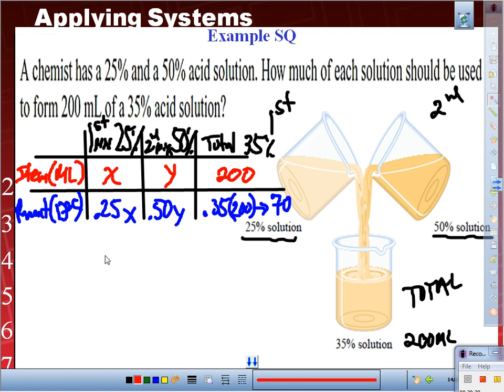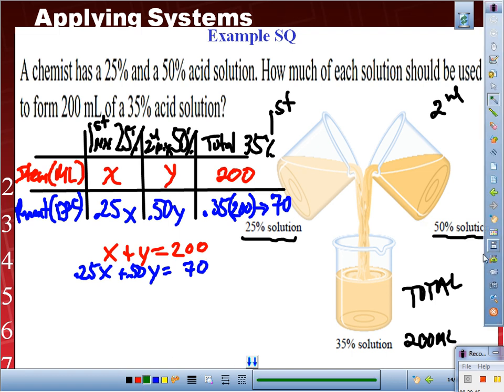Okay, so we get x plus y equals 200 and 0.25x plus 0.50y equals 70. So with that said, let's do y. Cooper, which one do you want to eliminate?